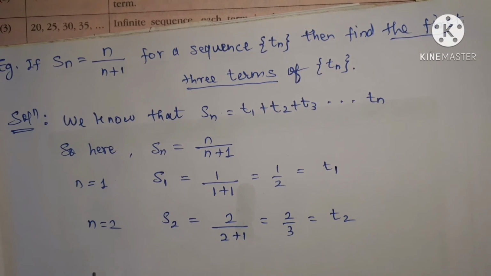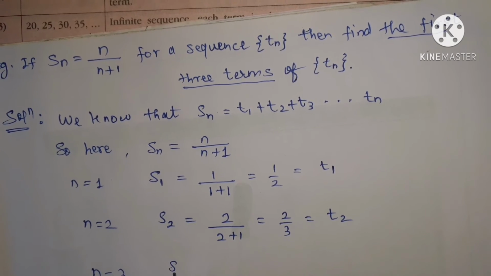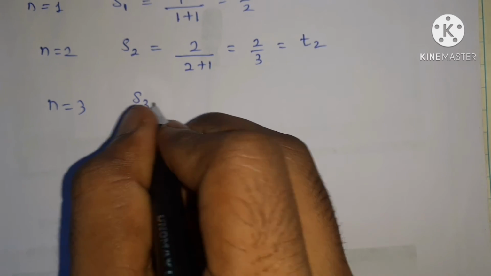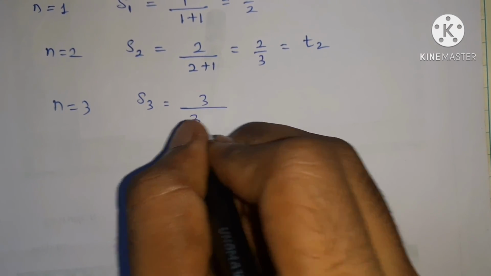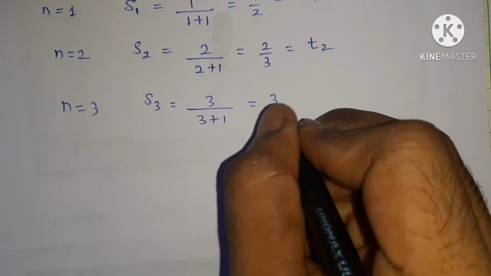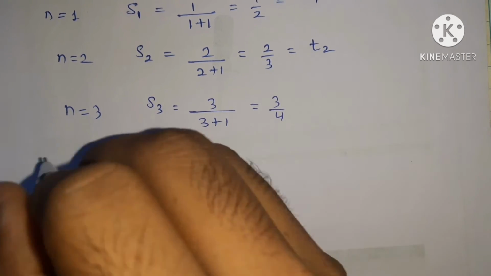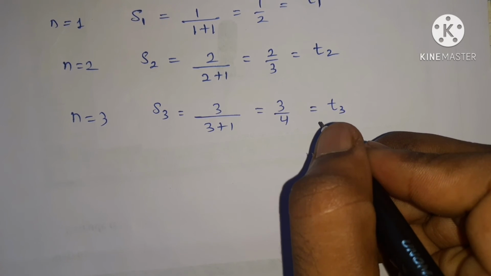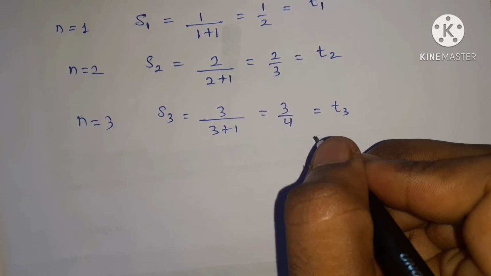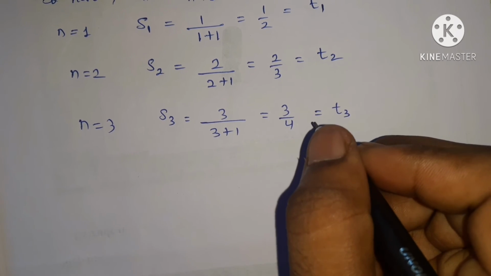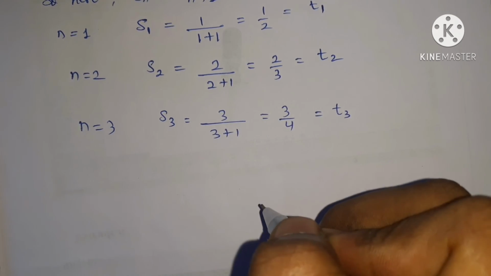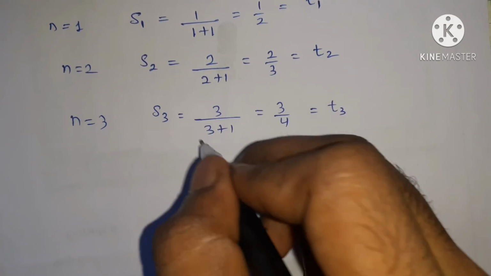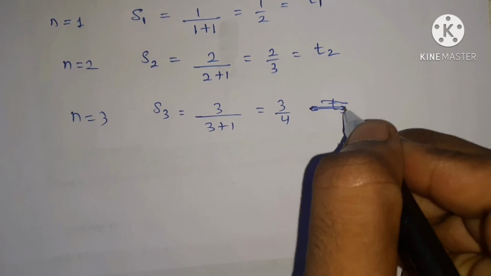For third, S3 is equal to 3 upon 3 plus 1, which is equal to 3 by 4. We cannot find these terms directly because we have been given summations. So these are not our terms.